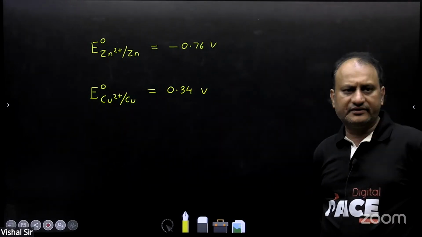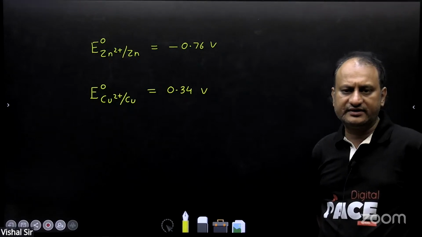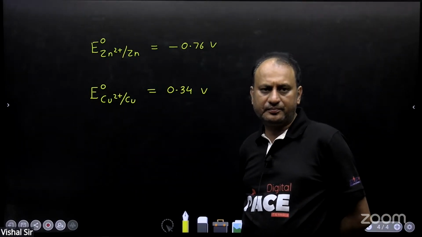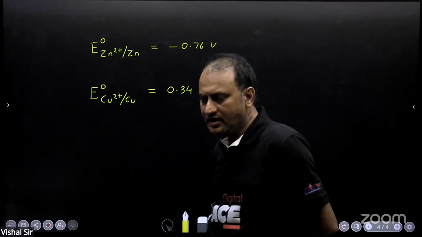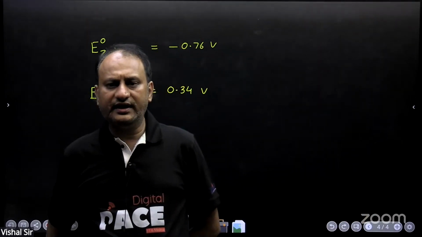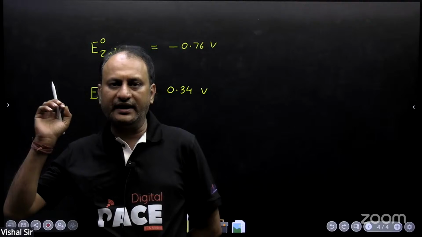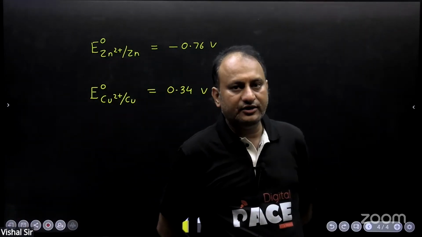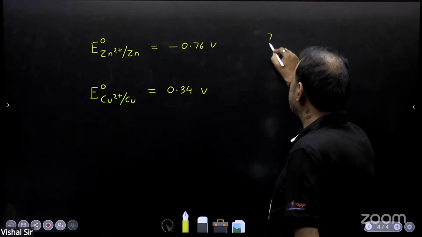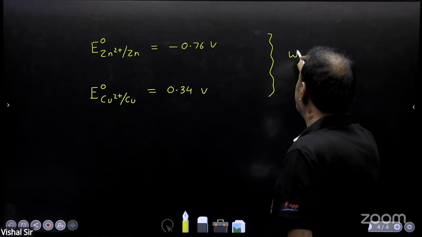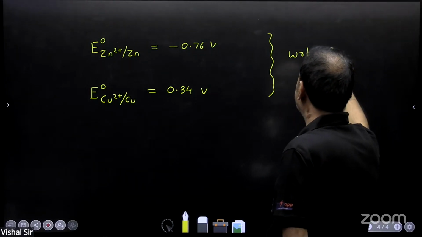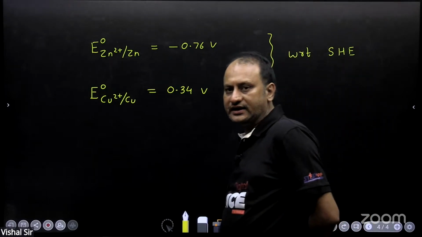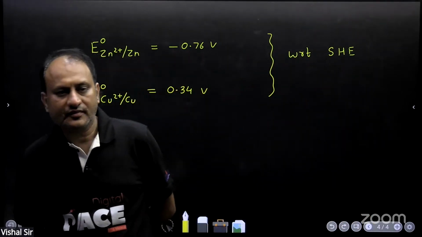For zinc, it is given to me as minus 0.76 volt. For copper, it is given to me as plus 0.34 volt. So first of all, let's understand what does this minus and plus mean here. See, all these values, you should always remember, are always with respect to standard hydrogen electrode. Okay.